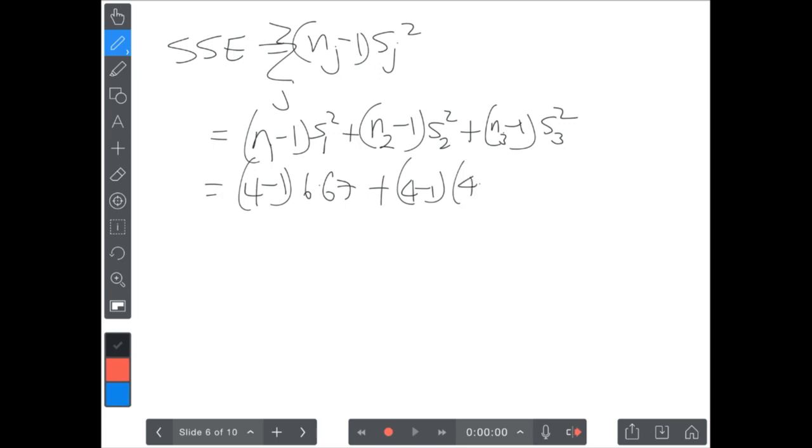So these are the sample variances that I calculated earlier. Plus 4 minus 1, that's for the third treatment, times 3.33. All right? Now when we compute that, we get 44.01.